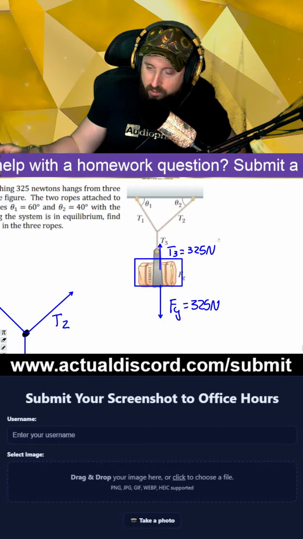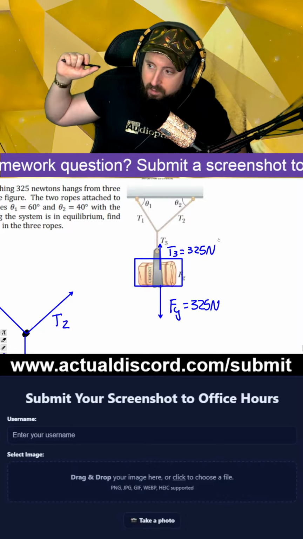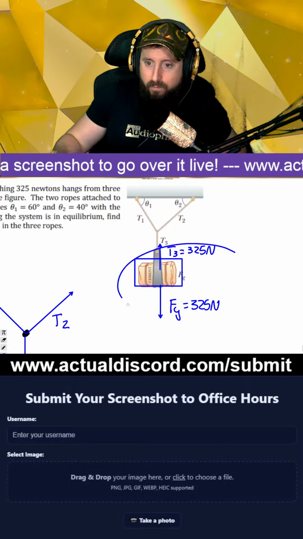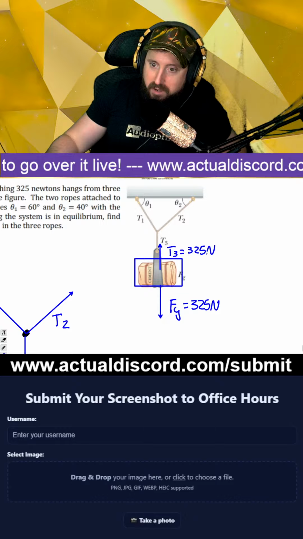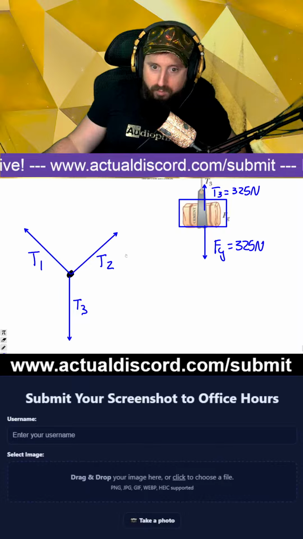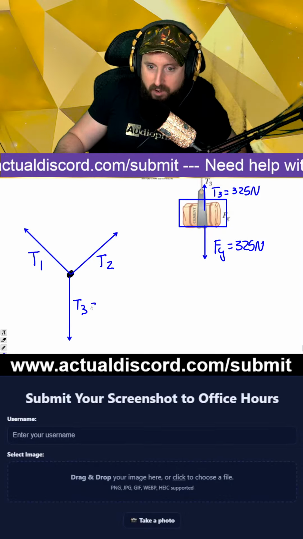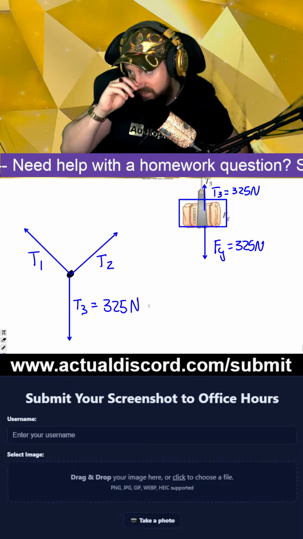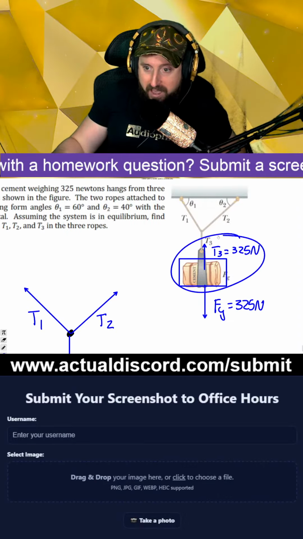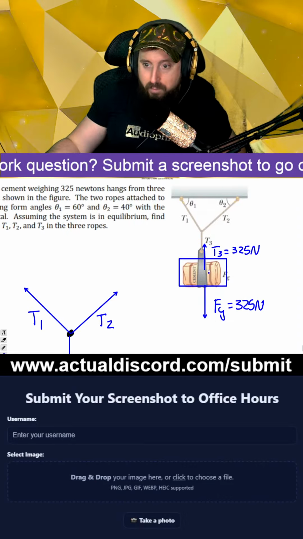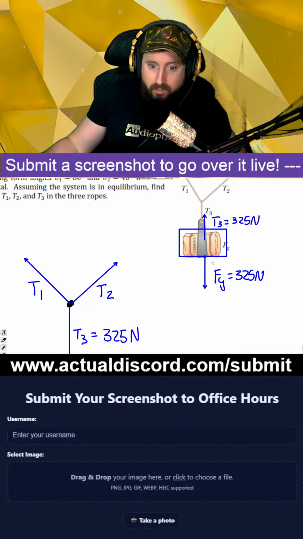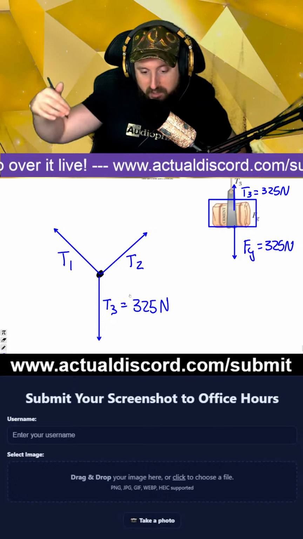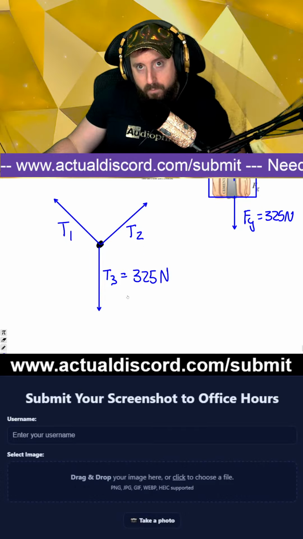The rule about forces and tensions in ropes is that the tension is the same on either end of the rope, just in opposite directions. So for the bag, it has T3 pulling up 325, but on the joint here, that means there is 325 newtons pulling down. If I draw a force diagram for the bag, 325 is pulling down, but 325 from T3 points up. So then looking at the joint, or the junction, T3 needs to be 325 pointing down. Okay?